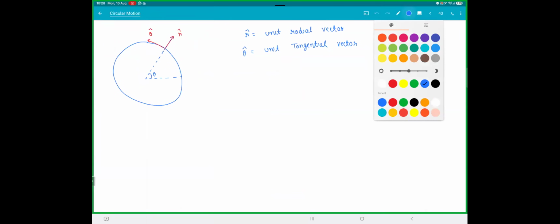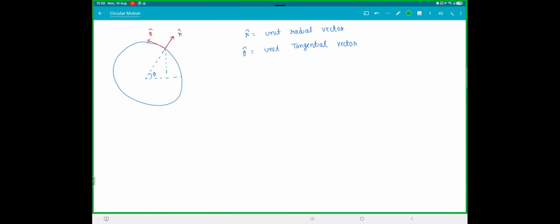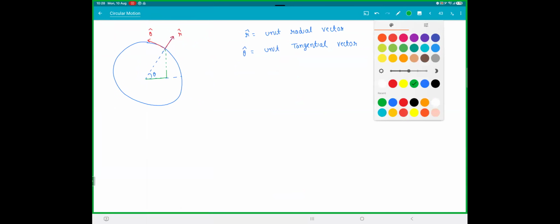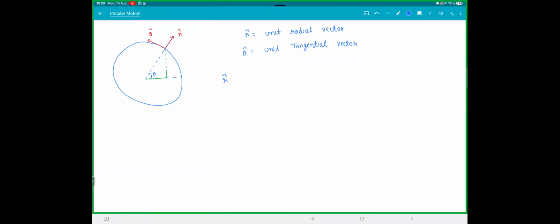Now, if you just drop a perpendicular from here, we get r cap is, it's a unit vector, so 1 cos theta i cap and 1 sin theta j cap. And similarly, if you take theta cap, this is theta, this is 90 minus theta.